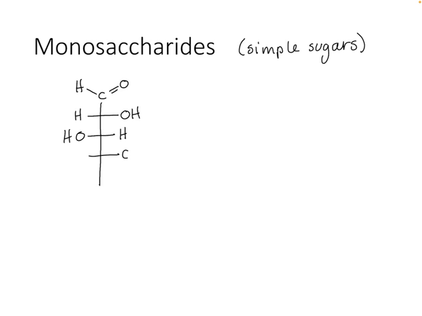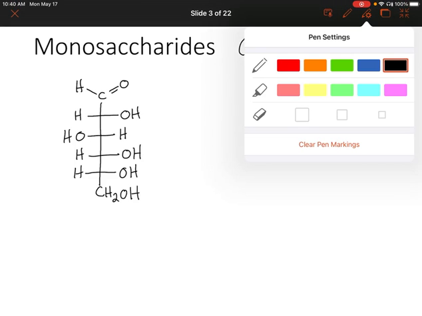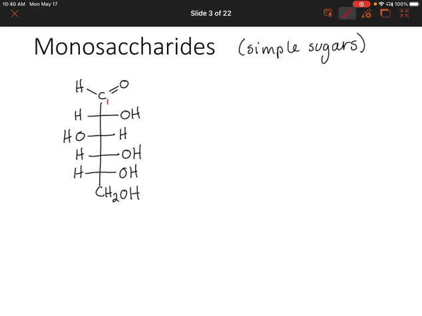So if you remember way back, we had those Fischer projections. On glucose, we would draw the following. So notice that we do have 6 carbons: 1, 2, 3, 4, 5, 6.